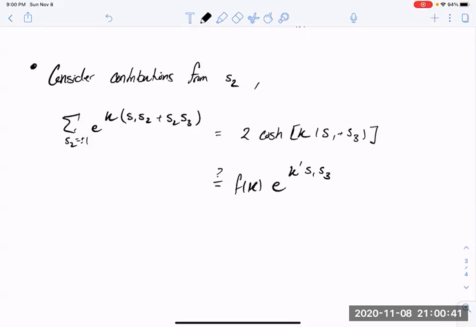That constant, let's denote f of K. It could be dependent on K. In fact, there's clearly going to be a functional dependence on K. It's there in the explicit sum. But can we re-express twice the hyperbolic cosine as this form here, f times some exponential? Looks like an Ising model at a different temperature.